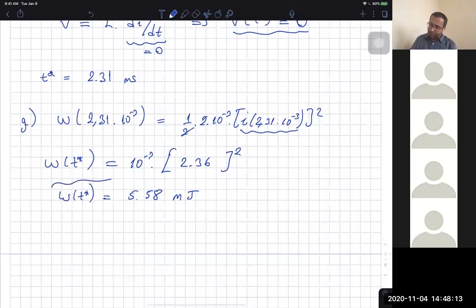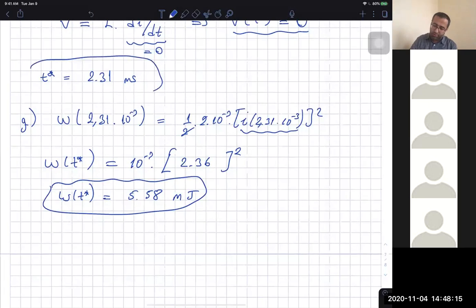So this is our result here. Now we also calculated the energy. For this type of question, we are trying to calculate almost everything, like we are solving almost all possible questions: energies, maximum, the times when you have the maximum energy, the time when you have the maximum power.